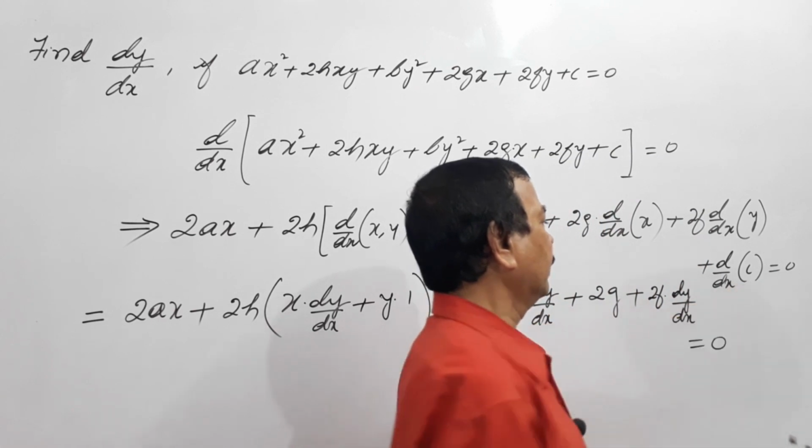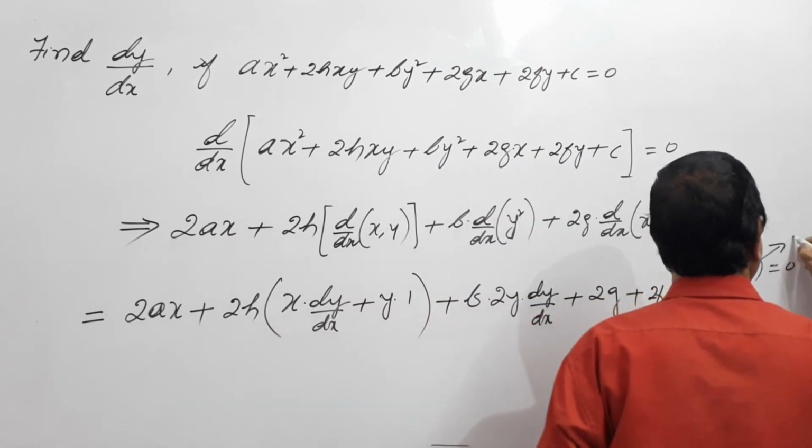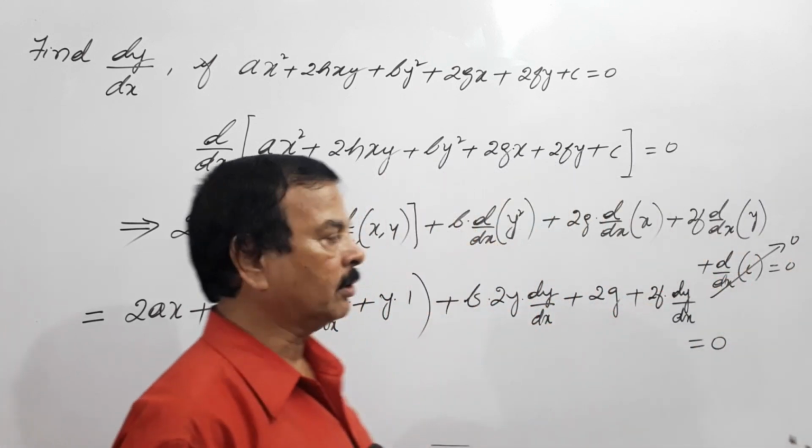D by dx of this becomes 0 since it is a constant.